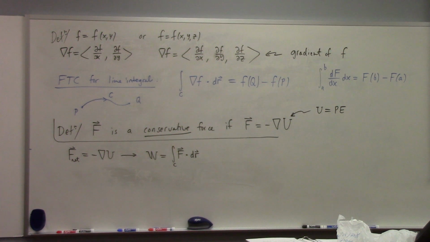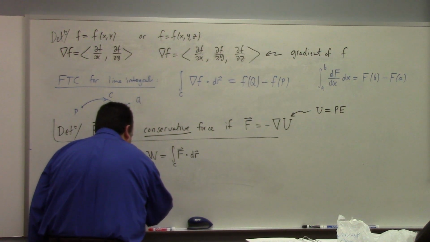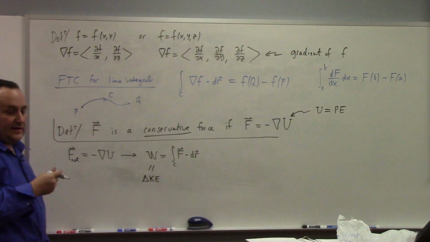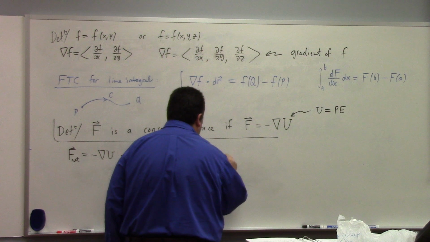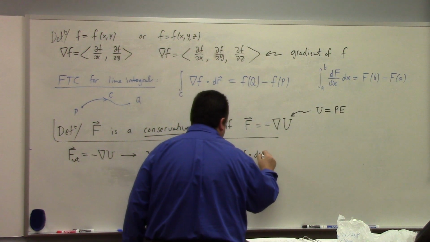The one way would be the work-energy theorem, which says that integral is the change in the kinetic energy, right? So on the one hand, by our previous calculation today, this is the change in the kinetic energy. But what else is it? Well, it's also equal to minus the integral of the gradient of u dot dr, all right?